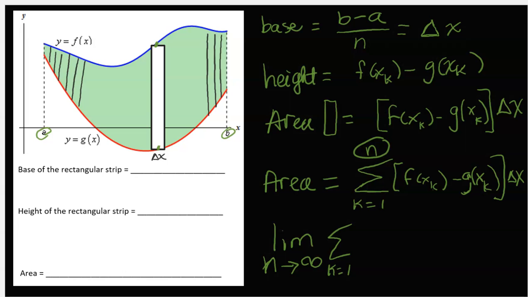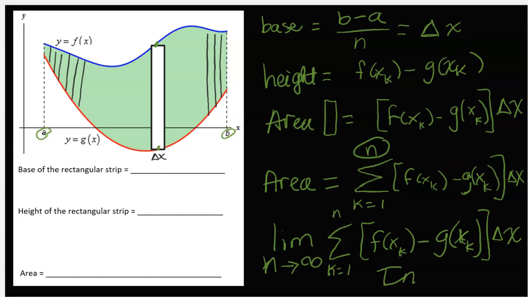The sum from k equals 1 to n of f of x sub k minus g of x sub k, all multiplied by delta x, is what we call the Riemann sum of the area. Now that is the definition of what we call an integral, right?